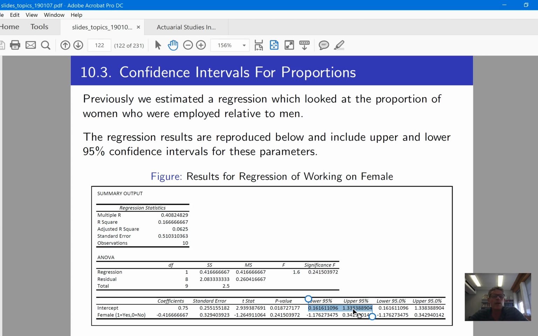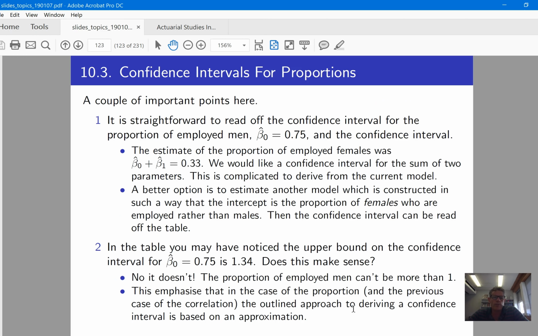It's going to happen in this case because there's such a poor amount of information, such a very broad confidence interval. It just happens to give us a confidence interval which is completely implausible. So there's nothing wrong with what we've done. It's just that we've ended up with a result that actually doesn't make a lot of sense in this case.